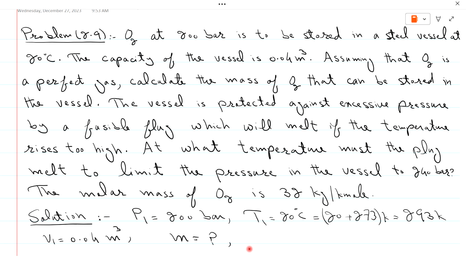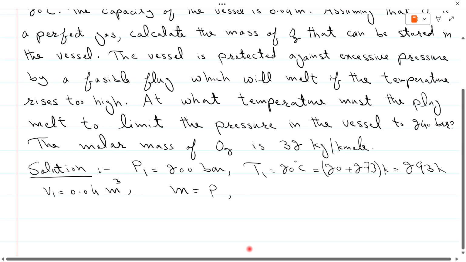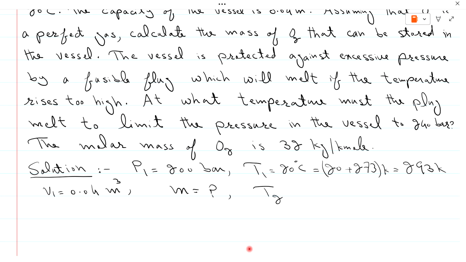The vessel is protected against excessive pressure by a fusible plug, which will melt if the temperature rises too high. At what temperature must a plug melt to limit the pressure in the vessel to 240 bar? This is P2. P2 is 240 bar.